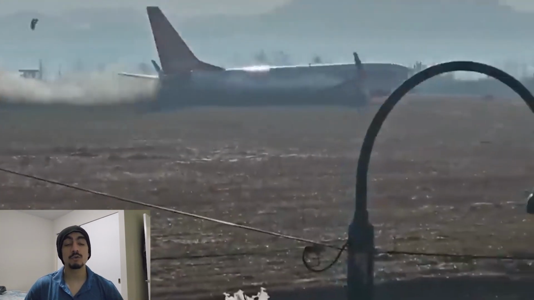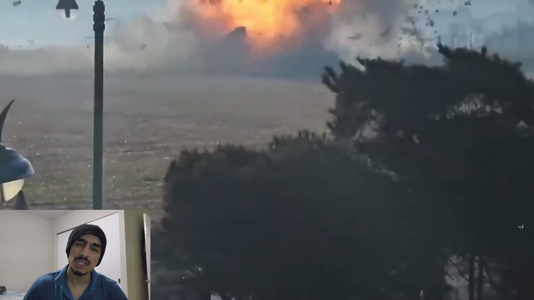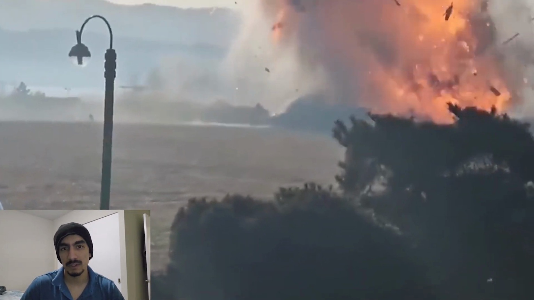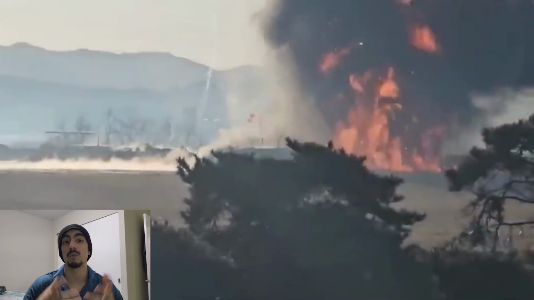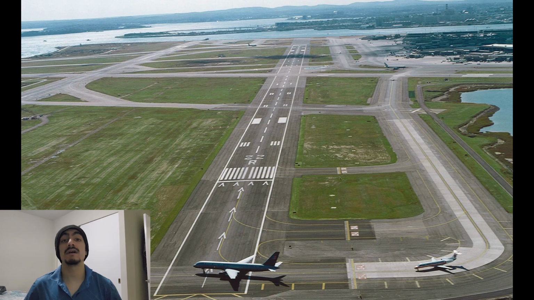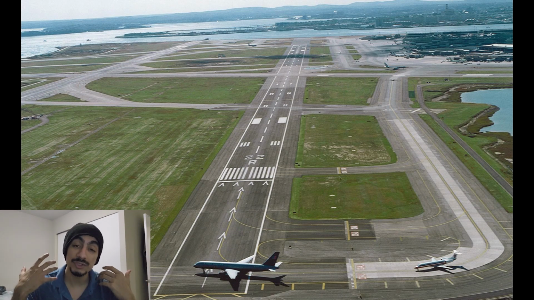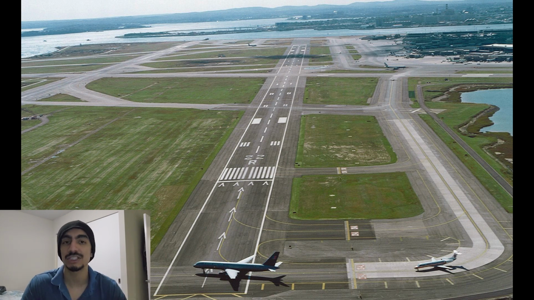Now, when we talk about runway overruns, we can't just focus on the airplane itself. We have to look at the runway infrastructure around it. Because sometimes it's the design of the runway and what's beyond it that decides the difference between a catastrophic crash and a survivable skid.